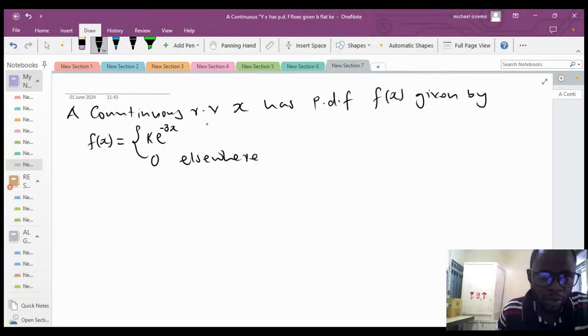The range of the first function is that x is greater than or equal to 0. That implies that the value of x runs from 0 to infinity.